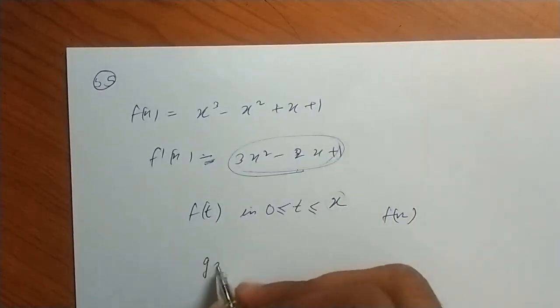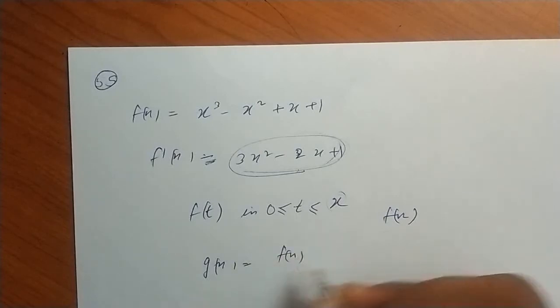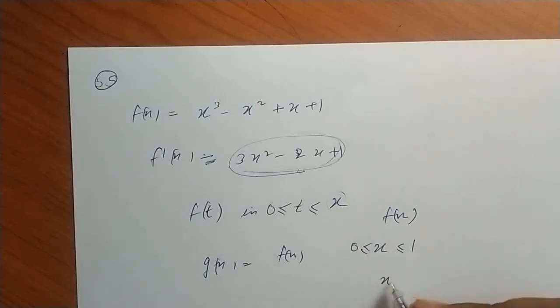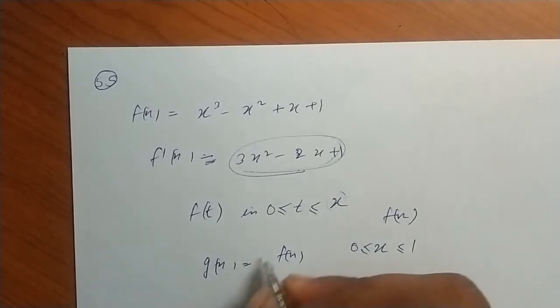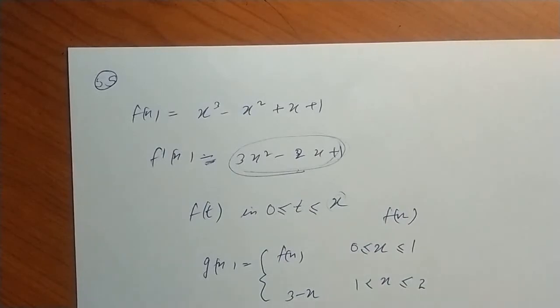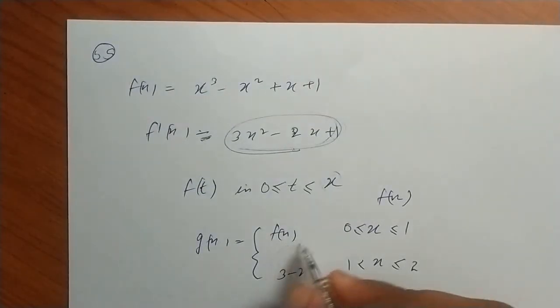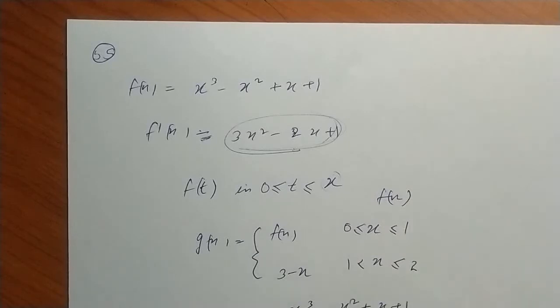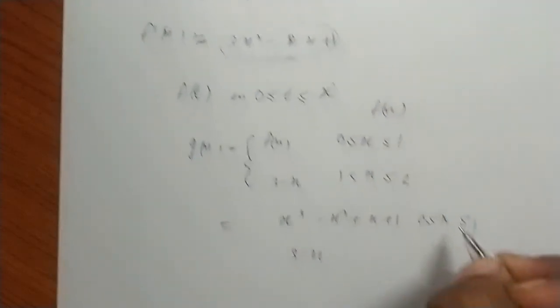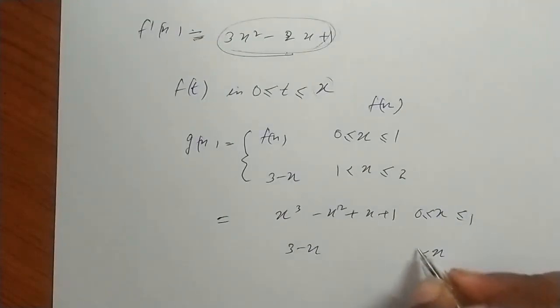So g(x) becomes f(x) when x is between 0 and 1, and g(x) becomes 3 minus x when x is between 1 and 2. Now put the value: x cube minus x square plus x plus 1 for x between 0 to 1, and 3 minus x for x between 1 to 2.